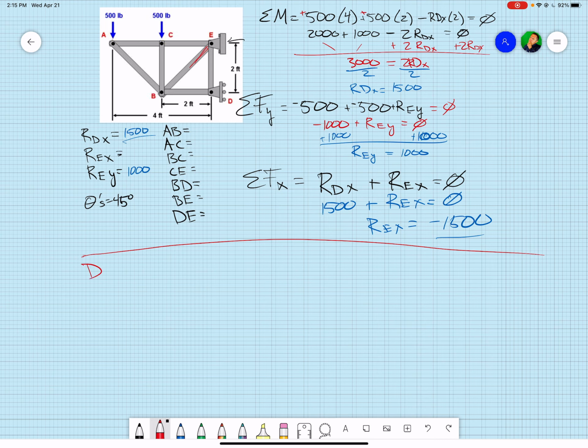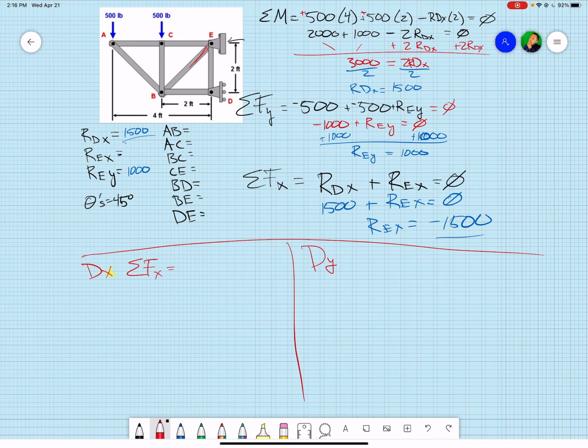For joint D we have the X and the Y. So let's sum the forces at D in the X. What do we got?